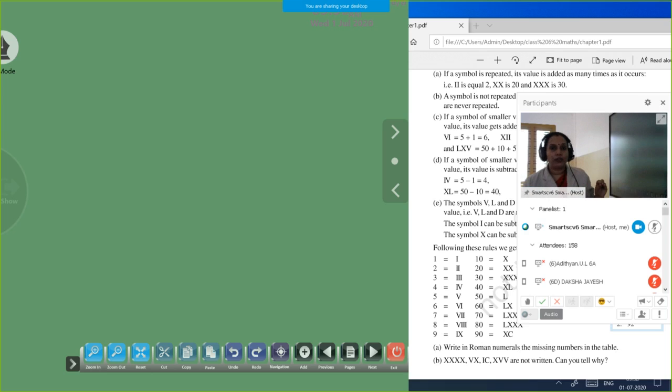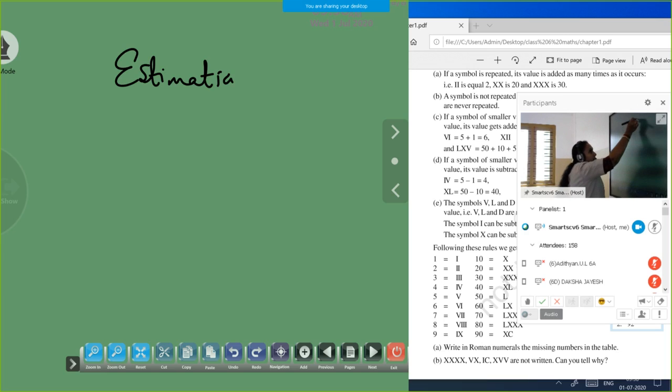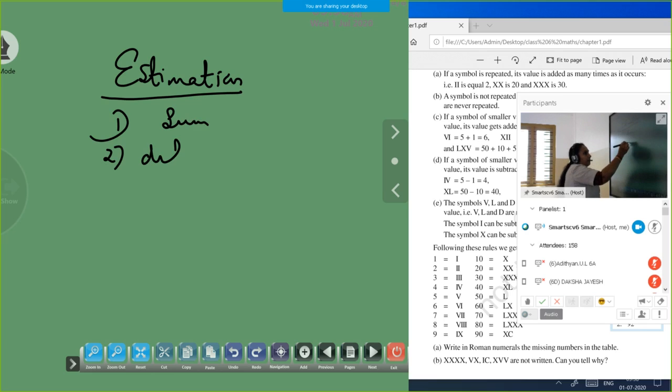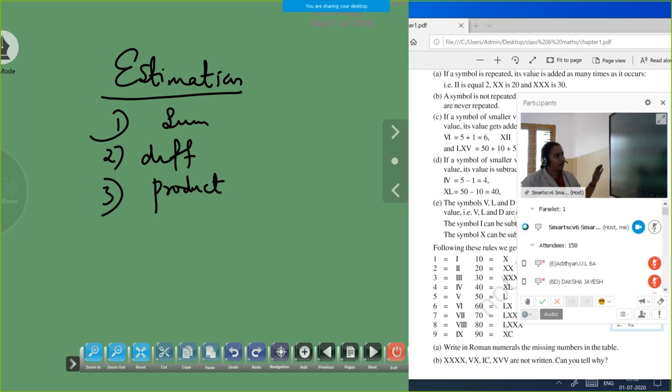After that, our main topic, what topic? Estimation came. Then estimating the sum came, the difference came, then the product came. Okay, division you did not study. Sum, difference and product. Product means multiplication, difference means subtraction, sum means addition.